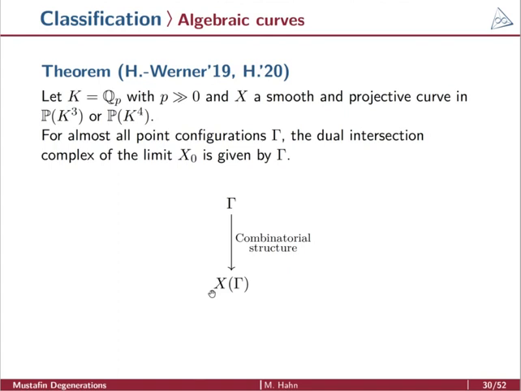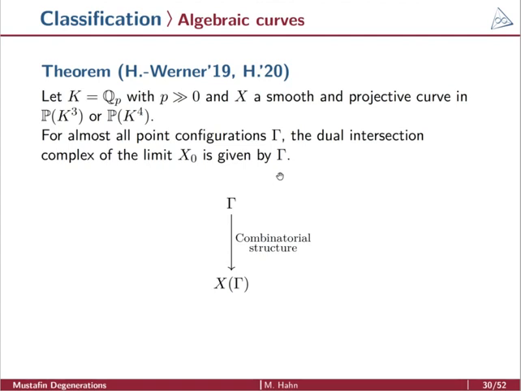And therefore, for the one-dimensional curves, the zero-dimensional part should tell us what's going on. If we go up one dimension, then for surfaces, the one-dimensional part of the convex hull should tell us what the combinatorial structure is, and so on and so forth. But this is still an open problem.